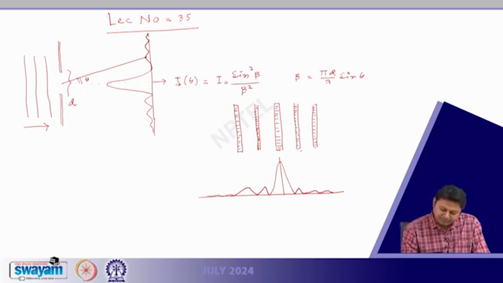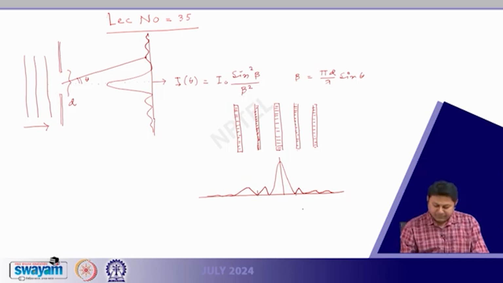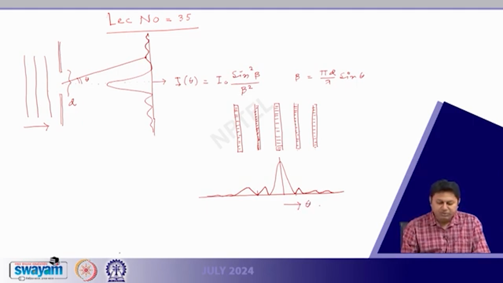This peak corresponds to this bright fringe, this peak corresponds to this bright fringe, and this dark region is this region, and that distribution is over theta. We calculated everything from first principles and derived this expression.